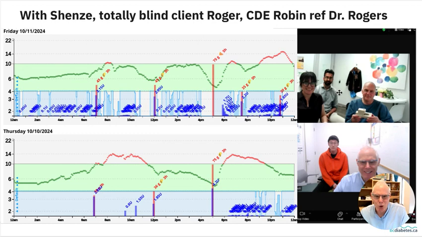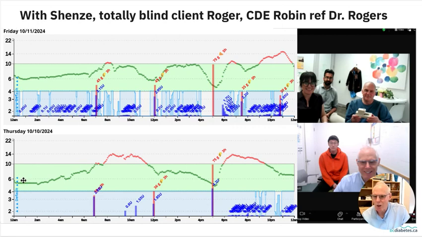We got Roger up looping, and a couple of things I want to show you. On Thursday of last week, up till this point, when you see these microboluses, that means he had started looping.